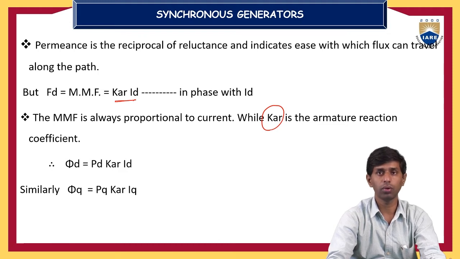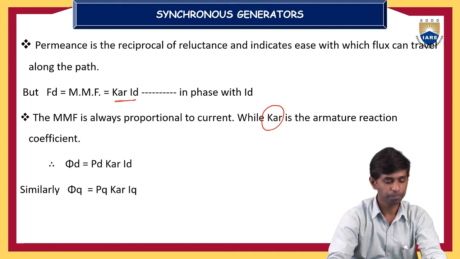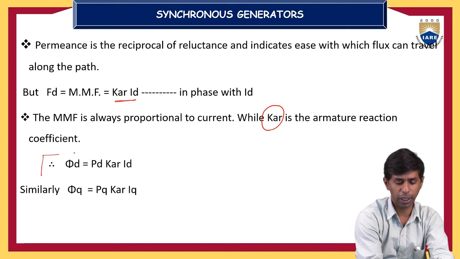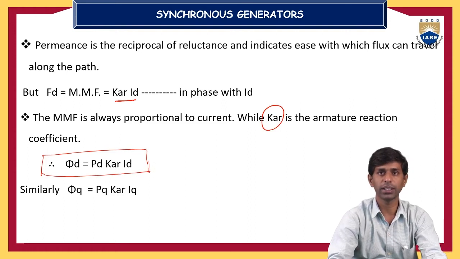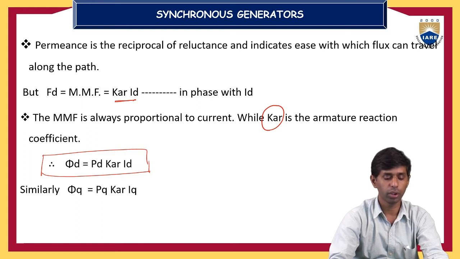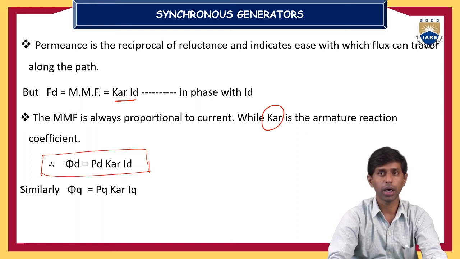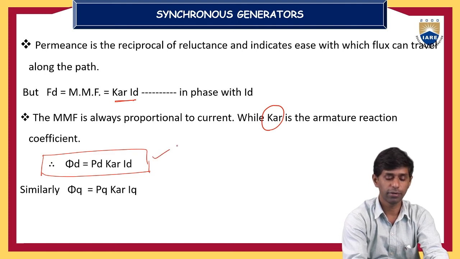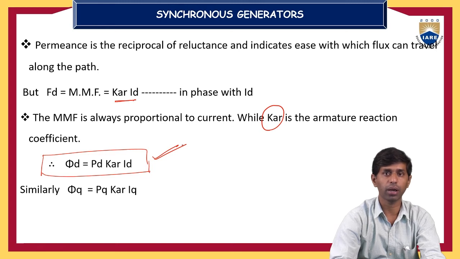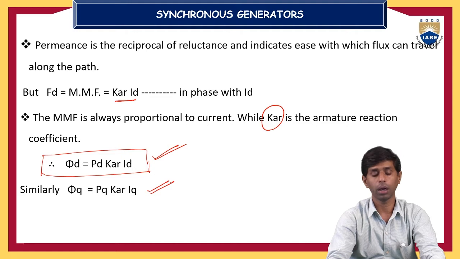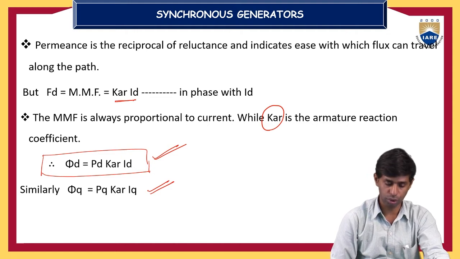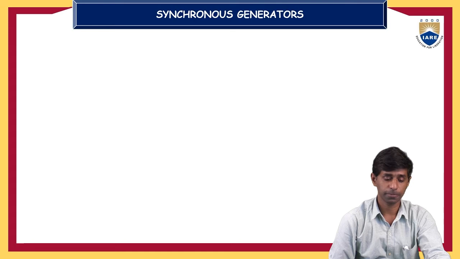So we can write phi D along the D axis as Pd, the permeance, times KAR times ID, the direct axis component current. Similarly, the flux along the Q axis is Pq times KAR times IQ.